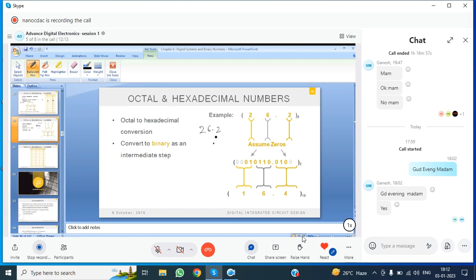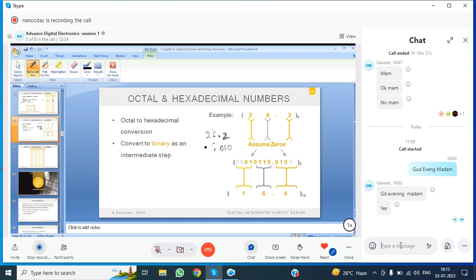26.2 is given. What is this 2 actually? The octal representation is 0 1 0.